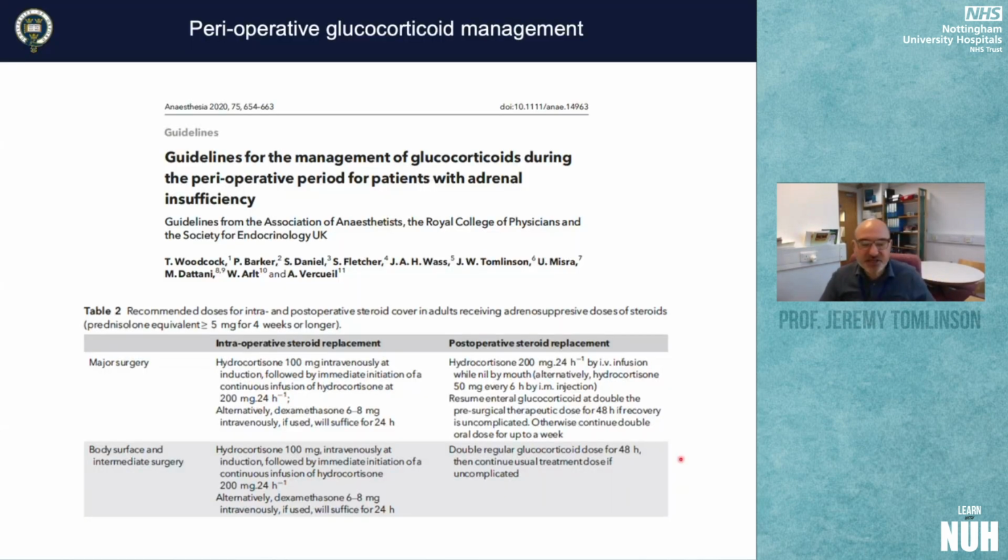And again, based on a case that went to the coroner, who sadly died, who was a patient on glucocorticoids and didn't get supplementation, we sat down with some of your anaesthetic colleagues. This was a group of anaesthetists and endocrinologists that came together at the Royal College to say, well, okay, how can we try and prevent those sorts of issues happening again?